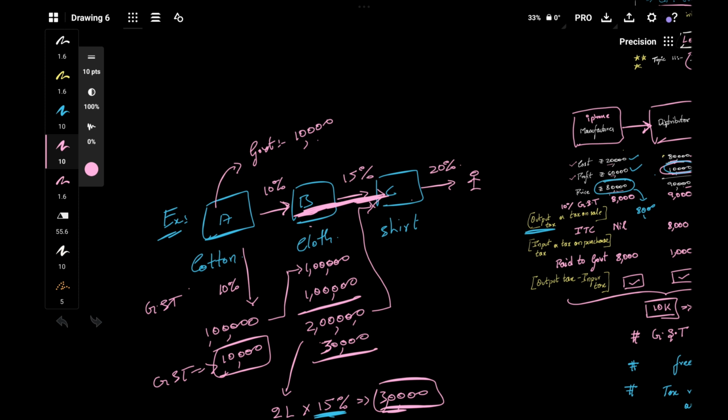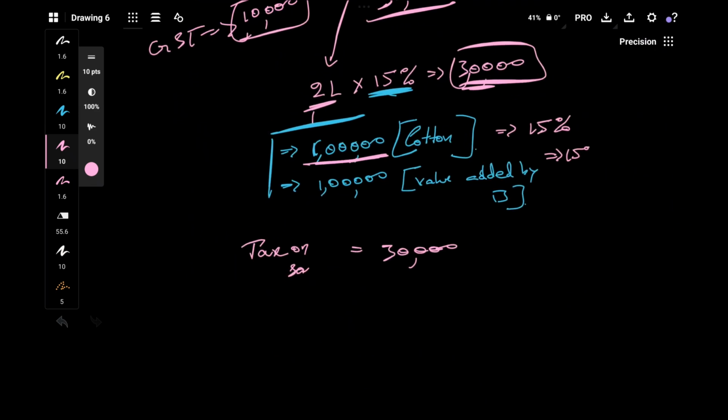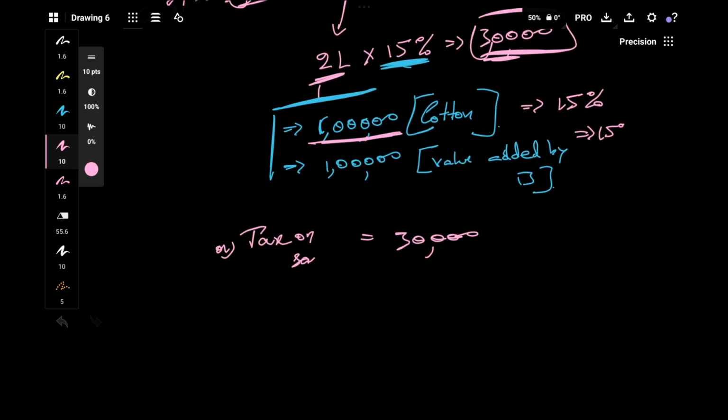Okay, that is output tax. Output tax to whom? Output tax to B. For B it is output tax. Matlab, when B is sending the goods out of his business, he is paying this tax, so we call it output tax. So his output tax is 30,000. Tax on sale, we can call it output tax.